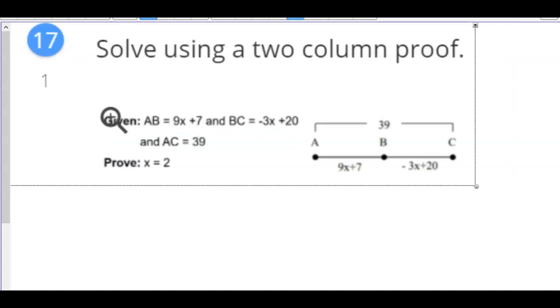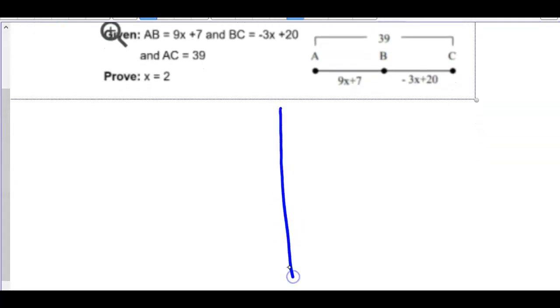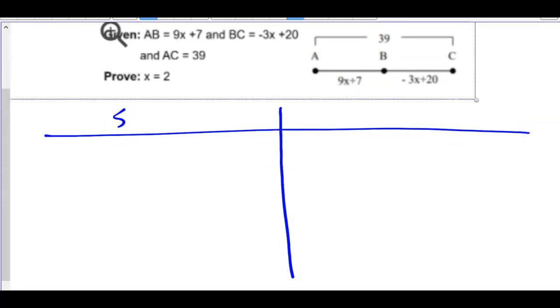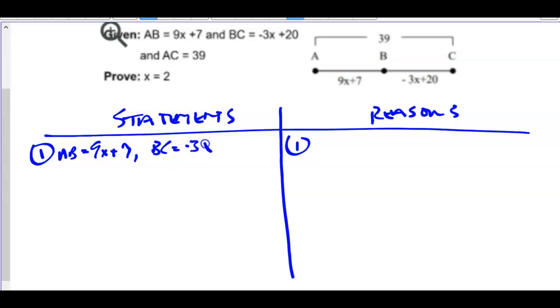All right, two-column proof. You know that these are going to be on there. This is how I'm going to grade it: first of all, you have statements and reasons. The first step of all proofs is to restate the given. AB equals 9x plus 7 and BC equals negative 3x plus 20.